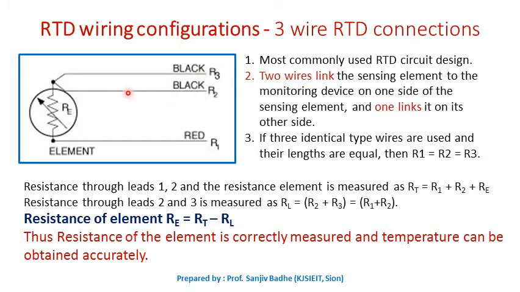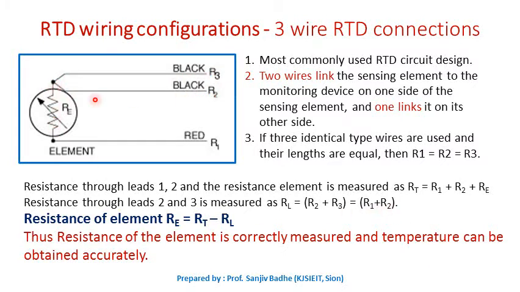So, that will be R2 plus R3. And because R2, R3 and R1 all are same, we can write R2 plus R3 to be equal to R1 plus R2, that is equal to RL. So, resistance between lead 1 and lead 2 is R1 plus Re plus R2, and resistance between lead 2 and lead 3 is R2 plus R3, that is equal to R1 plus R2 we can write.